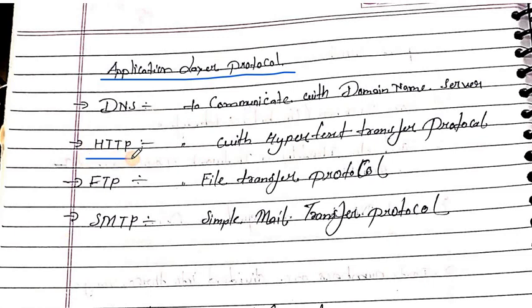Second is HTTP, Hypertext Transfer Protocol. FTP, the File Transfer Protocol, is used for transferring files. SMTP, Simple Mail Transfer Protocol, is used while sending mail. So these are the application layer protocols. We will discuss these protocols in detail later.